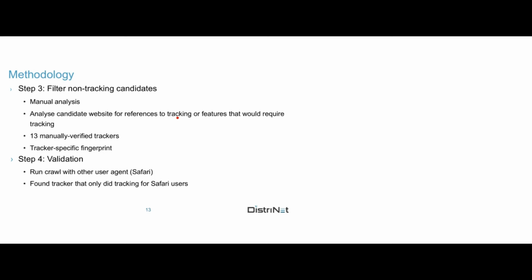And we found that there was one tracker that was specifically present with the Safari user agent, but not with Chrome, because Chrome does not implement by default blocking of third-party tracking. They also brand themselves as a tracker that is used to circumvent Safari's tracking protections.